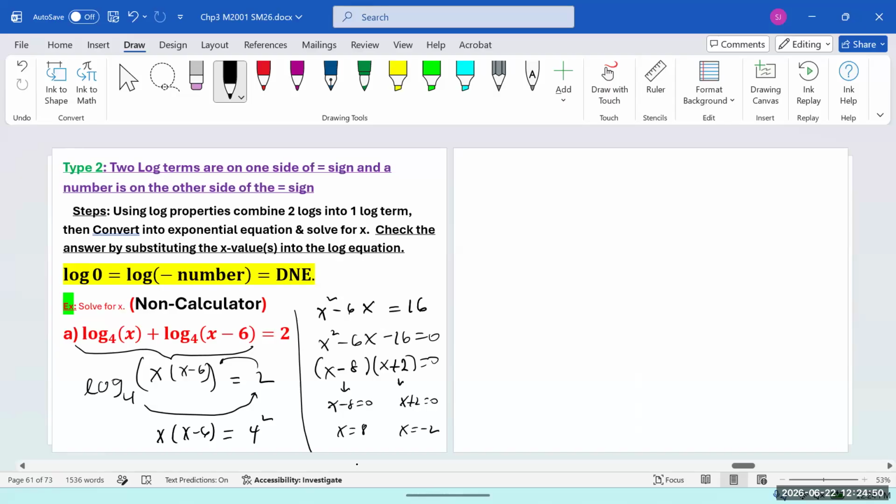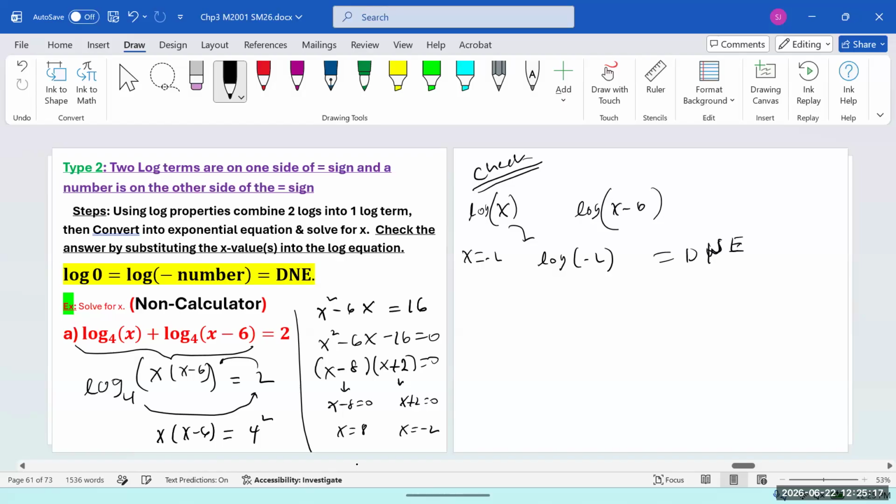Just because you got them, it doesn't mean you can accept them. You have to check. So we have x and x minus 6. When x is negative 2, this one becomes log of negative 2, which doesn't exist. So we cannot accept this one. Then you take the other one. Can you accept the other one at least?